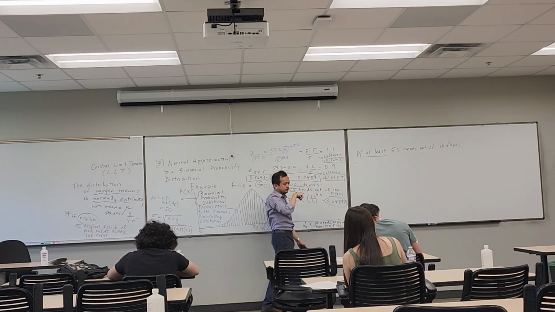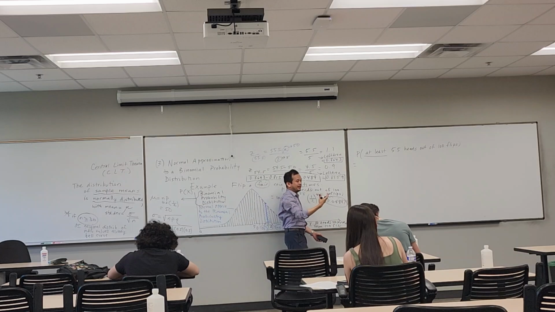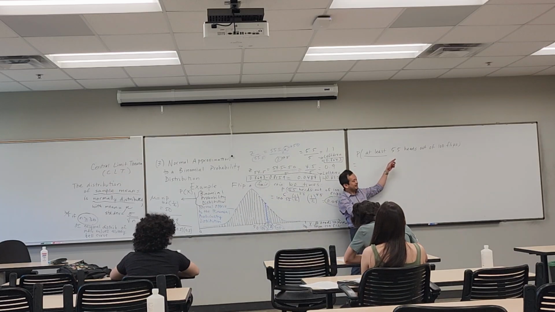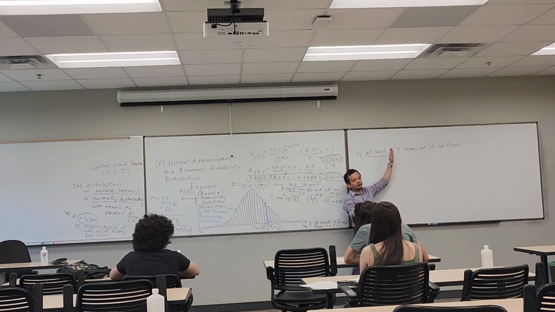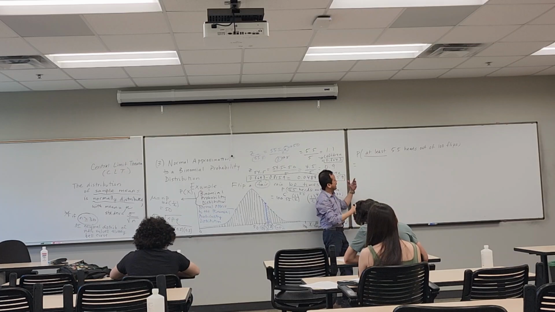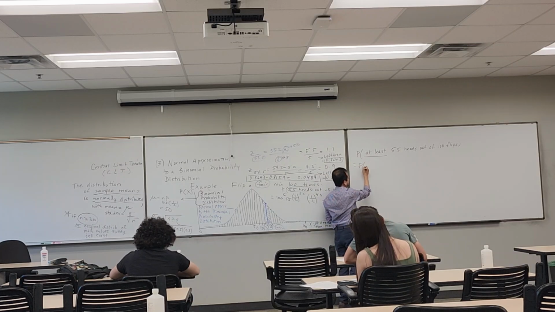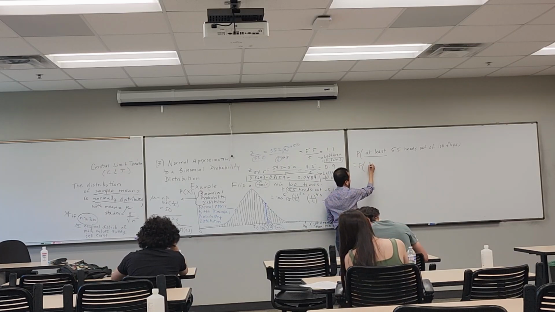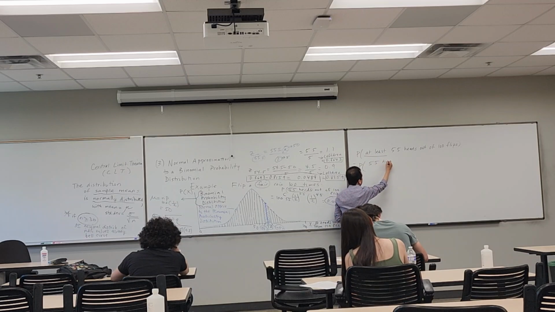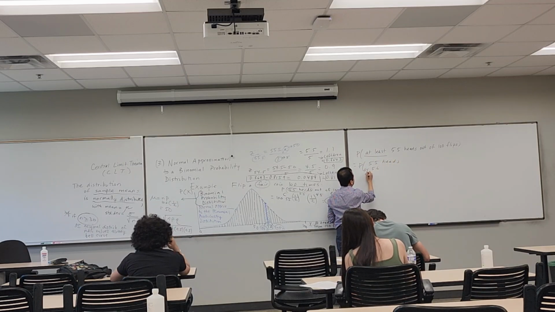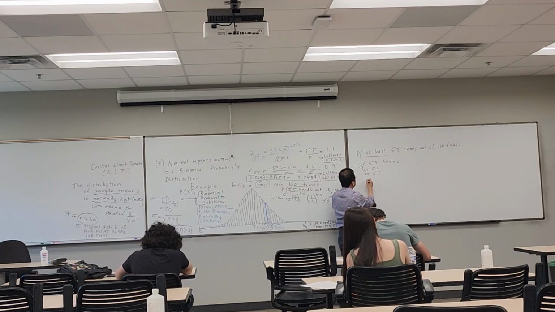Just logically, at least actually means either equal to 55 or more, right? So we could have any number of heads, now not just 55, but either 55 heads or more than that. It could be 55 or 56 or 57 and so on, all the way up to possibly even all 100 flips or heads.